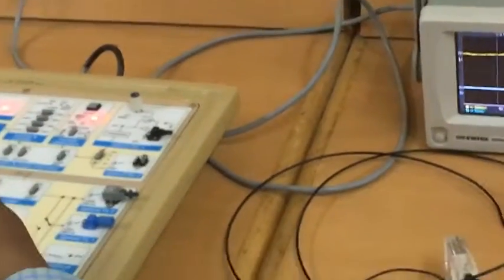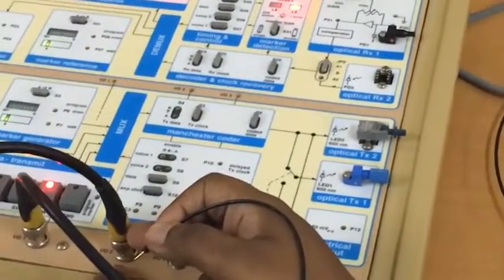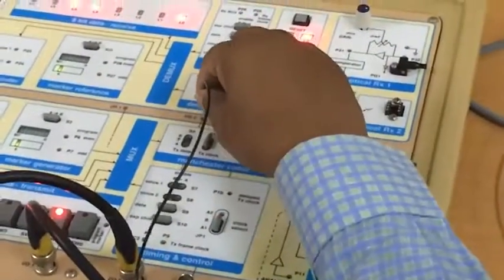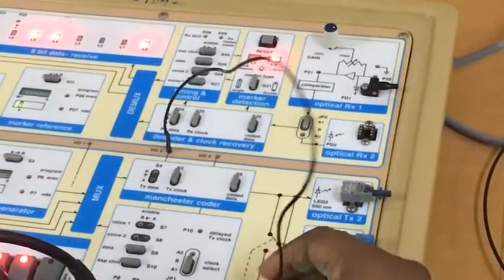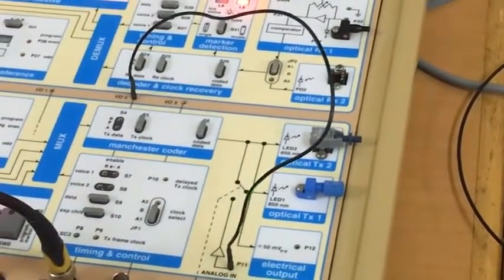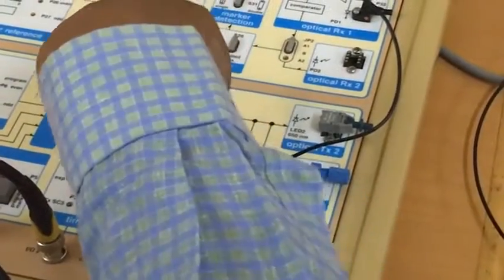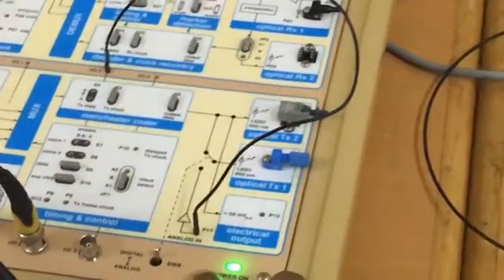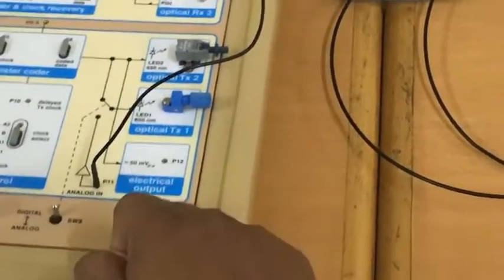Since I have connected from FG to IO2, input output 2, I take input output 2 to P11. P11 is your analog input. Before entering into this buffer driver, it should be an electrical signal.